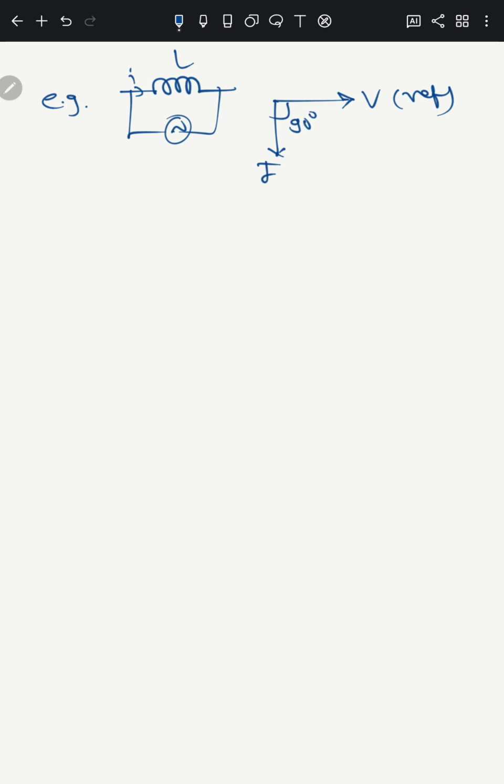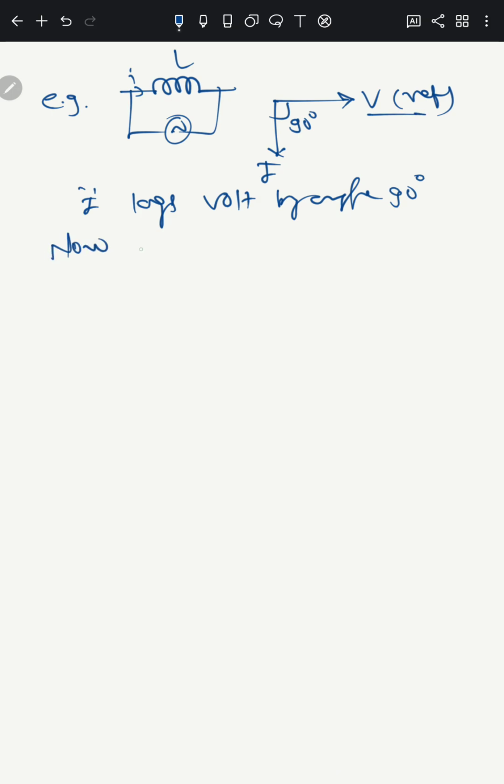I will give you another example. Let us consider a pure inductor connected to the source. If we draw the vector diagram for this pure inductive circuit considering the voltage as the reference, it will look like this. For a pure inductive circuit, current lags voltage by an angle of 90 degrees.